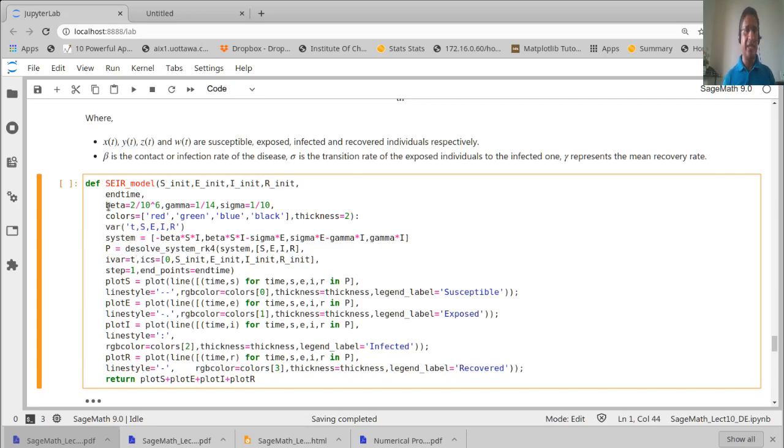And beta here we have taken as 2 into 10 to the power 6, gamma as 1 by 14, and sigma as 1 by 10. Then this system is defined, and you are solving using the DE solve RK4 method. Then you apply all these conditions and solve for each of these: plot S, plot I, plot E, and plot R, and all of this together.